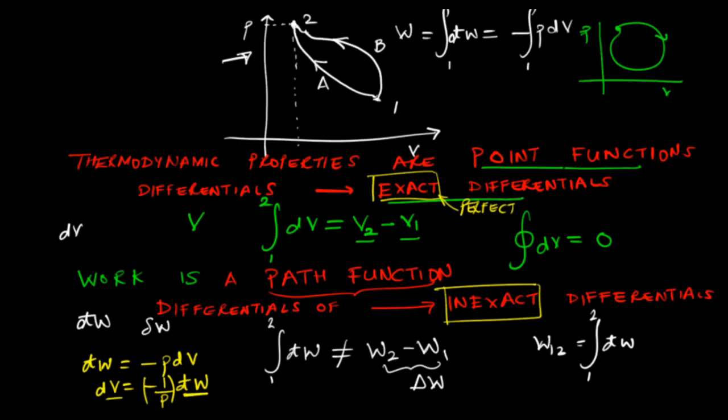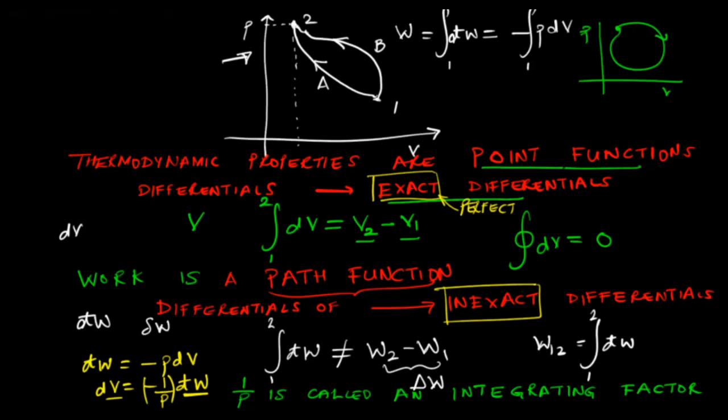So factors such as 1 over P over here are called an integrating factor. So an inexact differential, when multiplied by an integrating factor, can be converted to an exact differential.